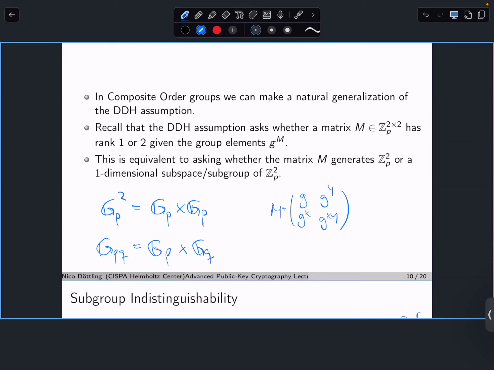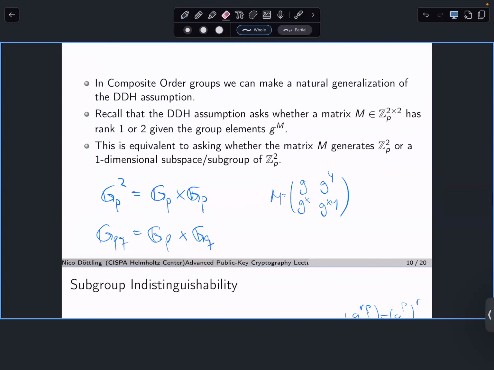Now, of course, the subgroup structure in these two groups is slightly different, but in the first group, in this GP squared, we've already seen a natural decisional assumption, which was the DDH assumption, right?